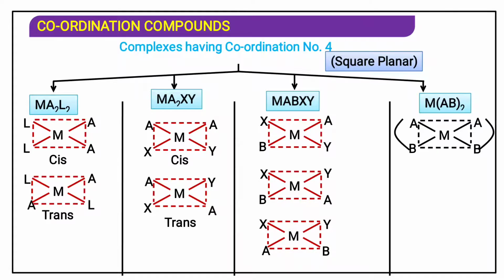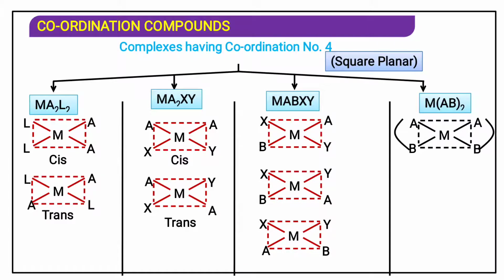Now over here we can see that AB is a bidentate ligand, that is, a poly or multidentate ligand, meaning one ligand having two donor atoms.